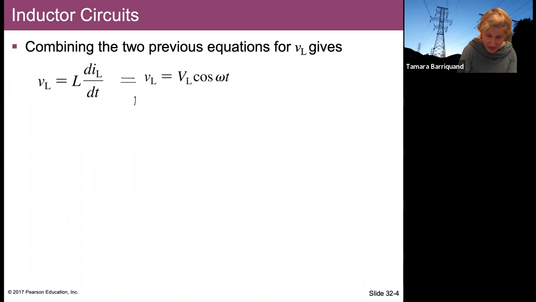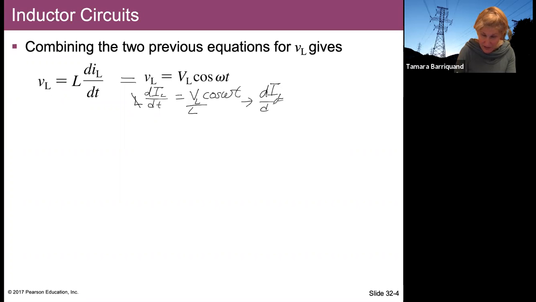We have L di sub L dt equals V sub L cos omega t. Dividing through by L, this becomes di sub L dt equals V sub L over L times cos omega t.